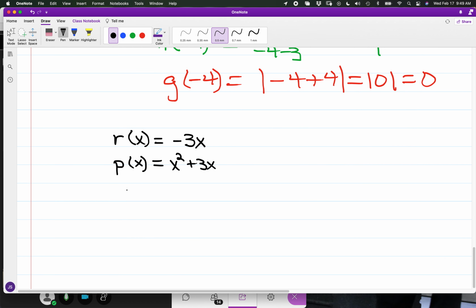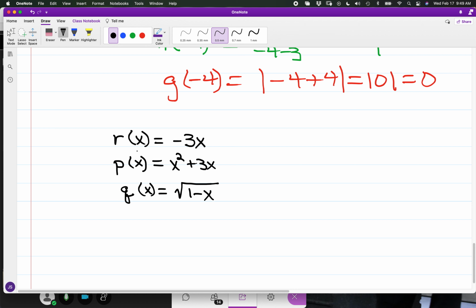And for what we have in the case of q of x, okay, q of x we have equal to the square root of 1 minus x. Okay, and now we're going to be looking at resulting operations between functions as well as their domain.